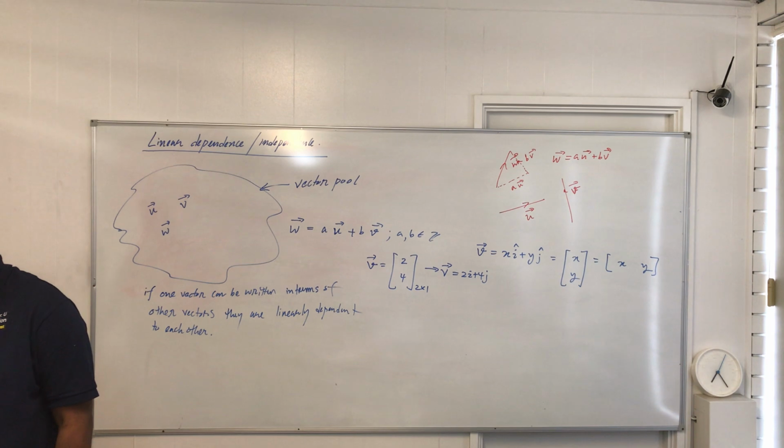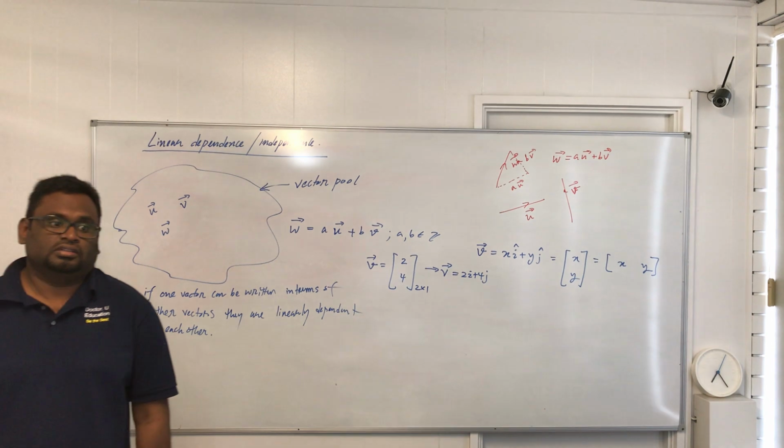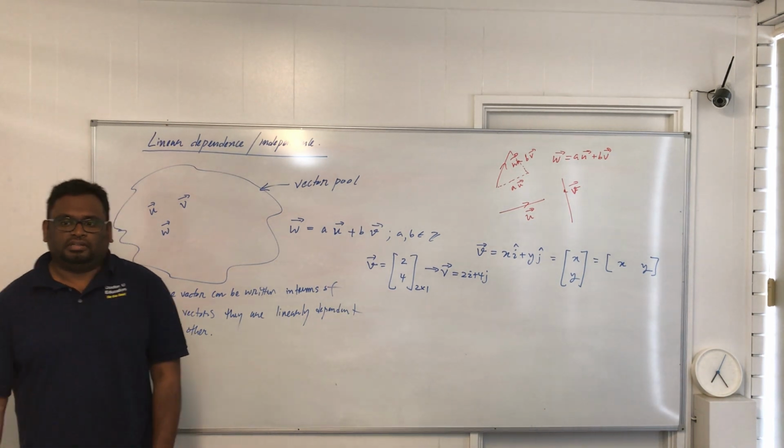If you put these 2 values over here and it's not going to satisfy, that means m and n are not realistic values. If they are realistic values, no matter what equation you choose, it should be satisfied. So m and n are not realistic, so these 3 vectors are not dependent.